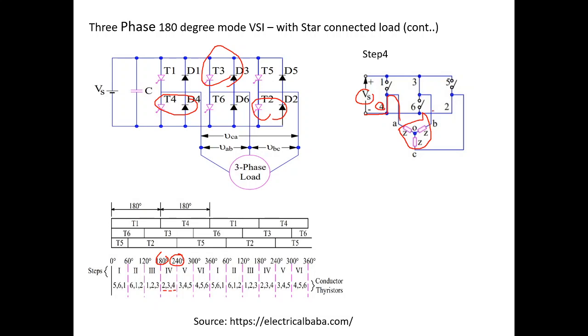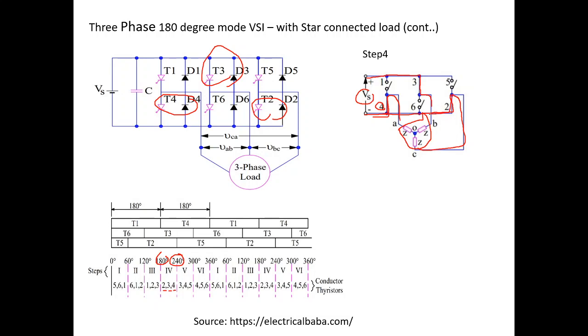Similarly, B phase is connected to the positive terminal of the input voltage source through switch 3, and C phase is connected to the negative terminal of the input voltage source through switch 2. Here A phase and C phase are shorted, right? You can see this is corresponding to A phase, this is corresponding to C phase. Both are going to be shorted.